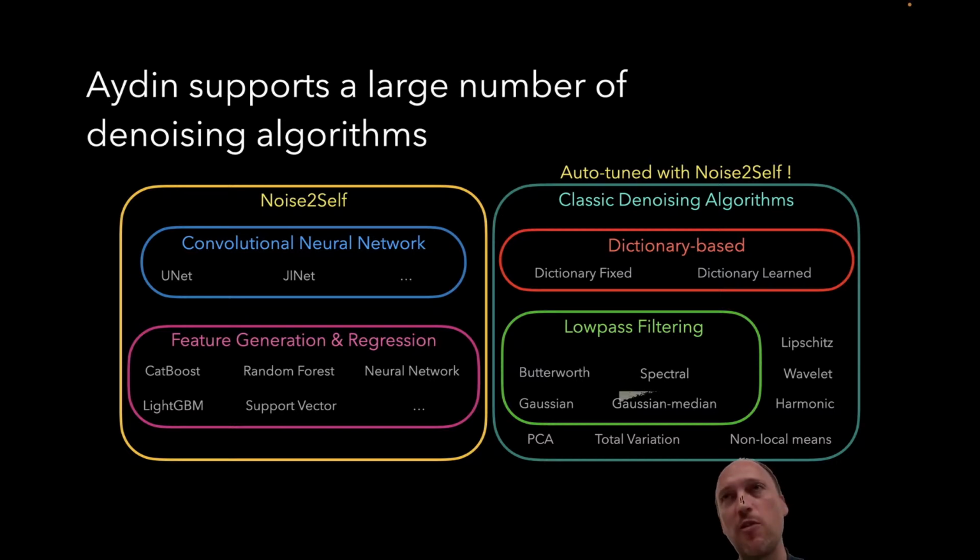And so now with this set of algorithms, we can explore a large spectrum of compromises between speed, performance, how much hallucination you want to have or you want to tolerate, so many considerations that you can modulate when you choose your denoising algorithm.